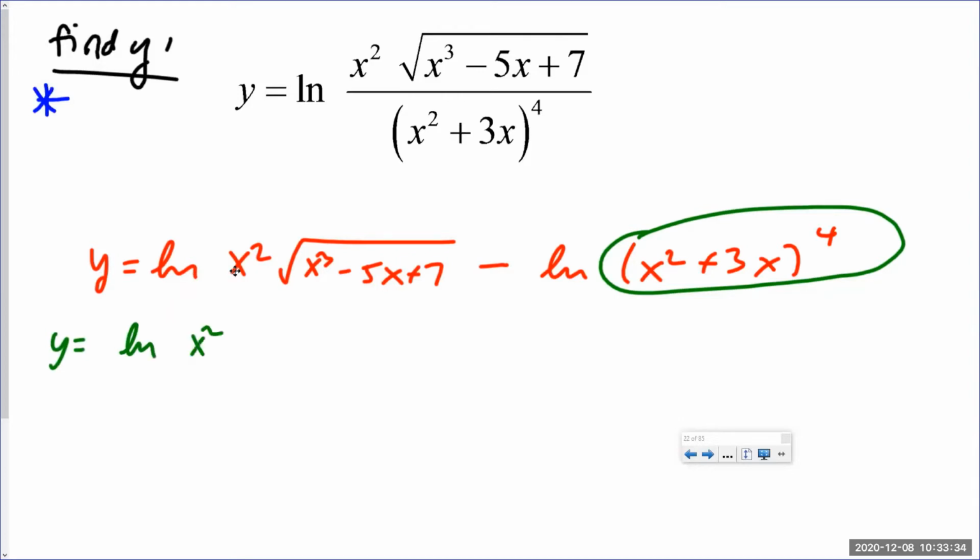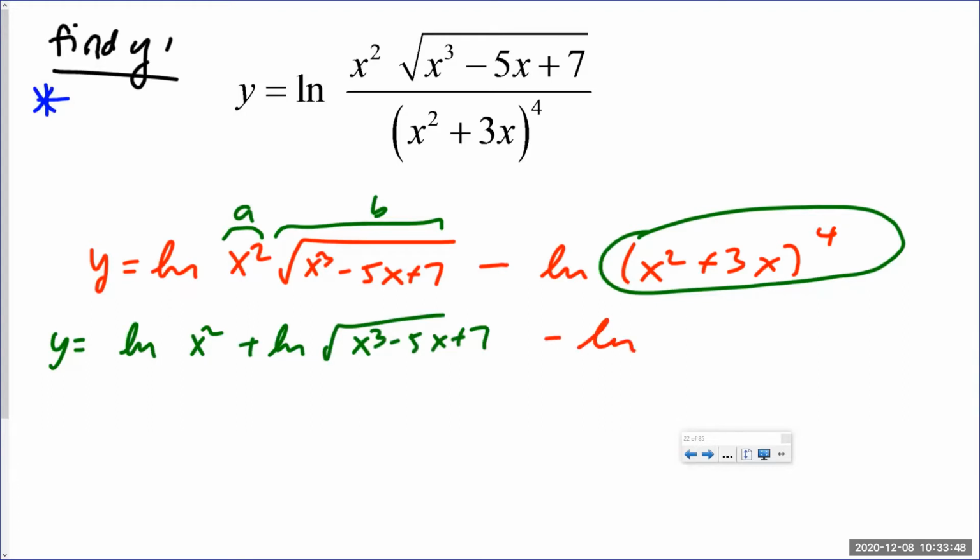ln of x squared, this is like your a, right? This is like your b. So 1 log multiplication equals 2 log summation. Okay, and I'm just going to copy this right side. Okay, is everybody with me so far? Make sure you understand, I haven't actually done any calculus, okay?